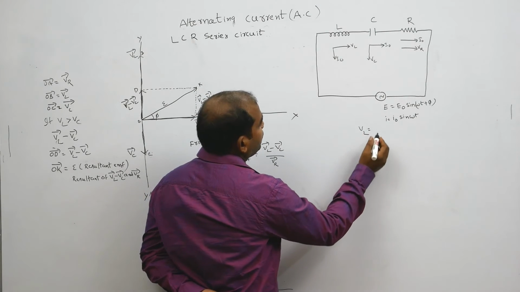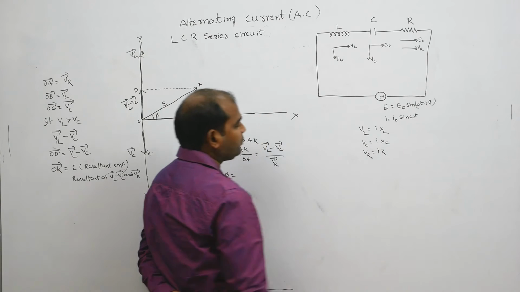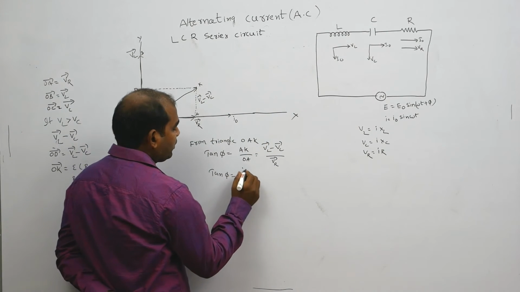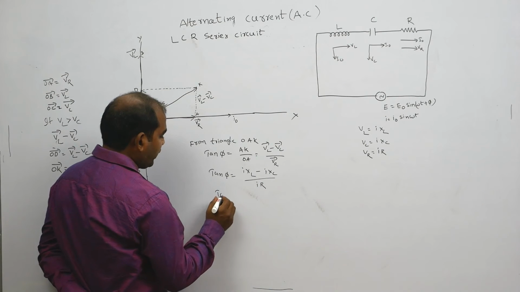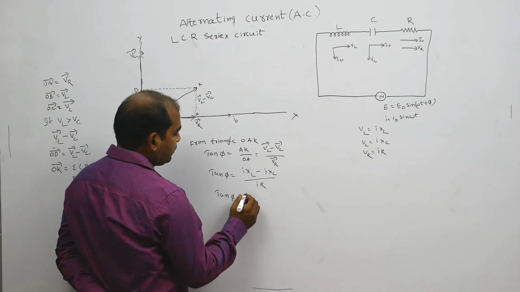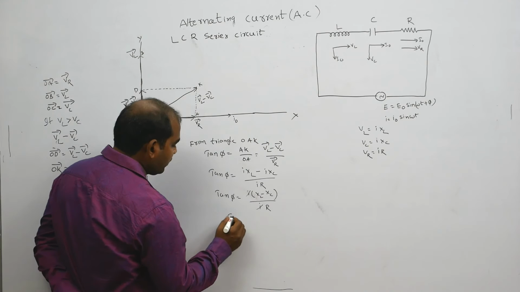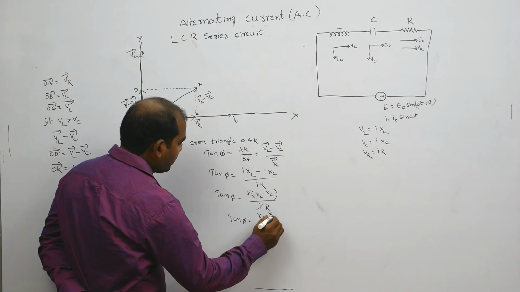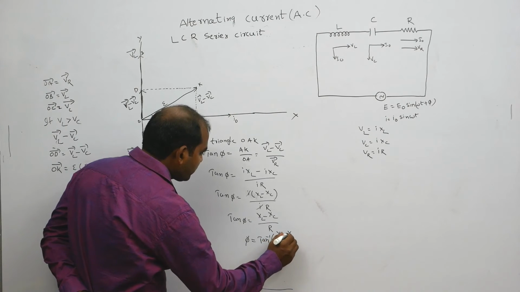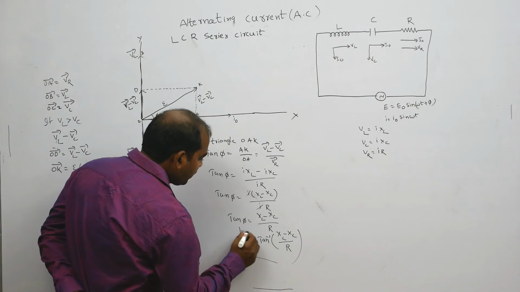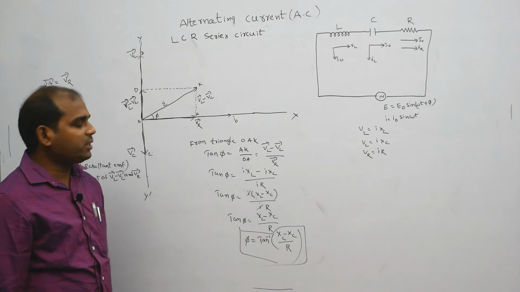We know that VL is equal to I into XL, VC is equal to I into XC, VR is equal to I into R. So in place of VL we can write I XL, in place of VC I XC, and in place of VR I into R. So tan phi is equal to I into XL minus XC divided by I into R. I gets cancelled, and tan phi is equal to XL minus XC by R. Then phi is equal to tan inverse of XL minus XC by R. So this is the formula to find the phase difference between the EMF phasor and current phasor, that is phi is equal to tan inverse of XL minus XC divided by R.